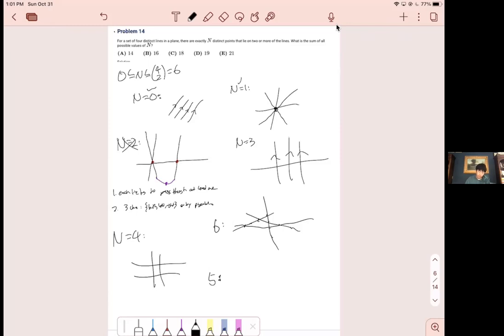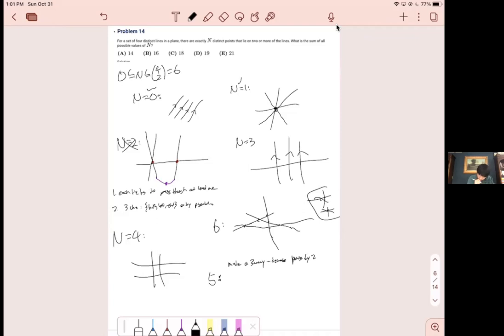But to see this, start thinking about how you get intersections and how you decrease the number of intersections from 6. One way is to make a 3-way, but making a 3-way decreases it by 2, because instead of 3 intersections, you turn it into just 1 intersection.